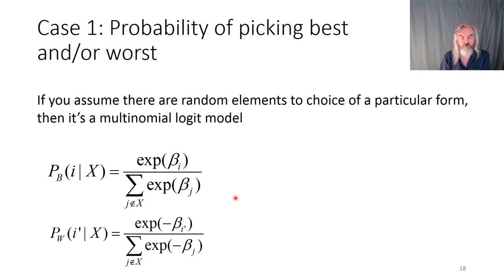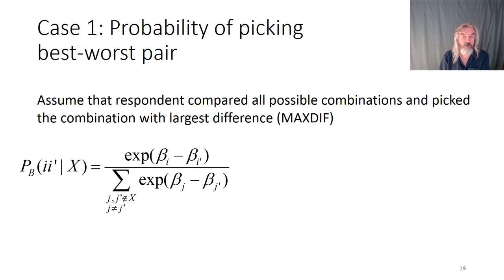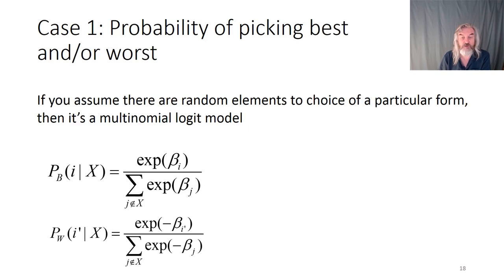Then you can think of the worsts as just being the probability that I choose item i as the worst, denoted by the little tick on the top of the P. It's just the exponential, and we put a minus on the front of these betas, so that just reverses the ordering. I didn't actually include that in here.